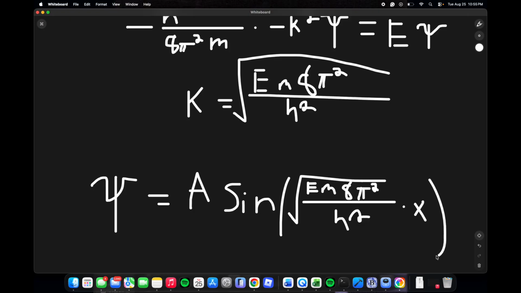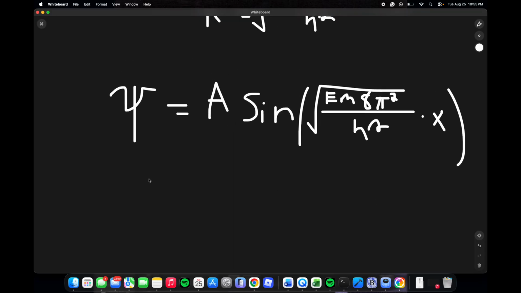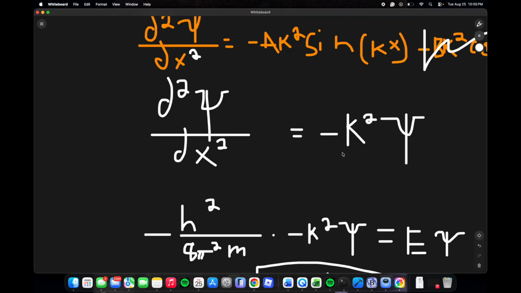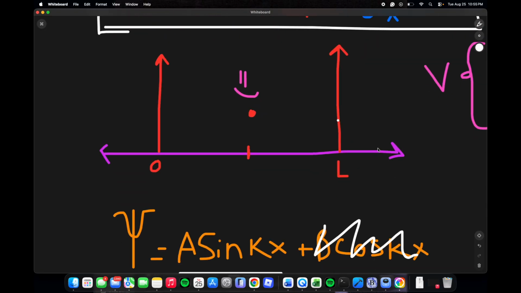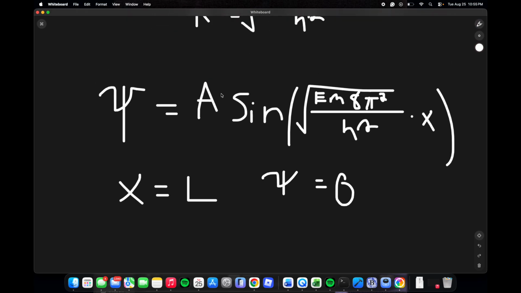All right. Recall that at x equals L, the wave function is equal to 0, okay? That should make sense. You're never going to find a particle at L, right? At x equals L.